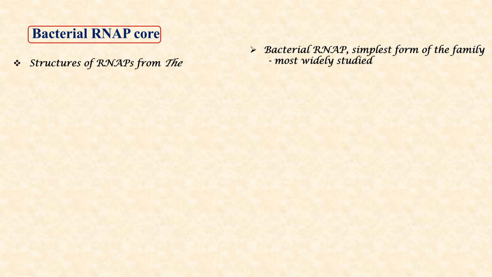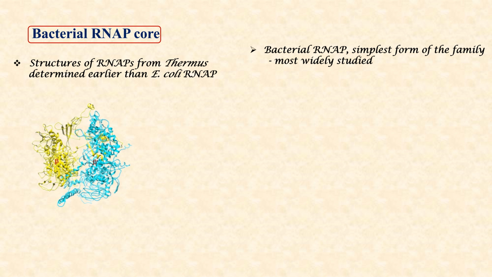Interestingly, the structures of RNA polymerases from the Thermus genus were determined much earlier than that from E. coli. However, a high degree of sequence conservation is found to exist among the RNA polymerases from all bacterial species. Its overall structure resembles a crab claw with 2 pincers forming a cleft that binds DNA and contains the active center.